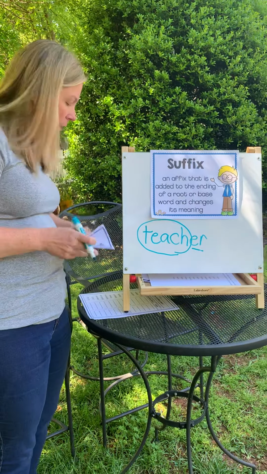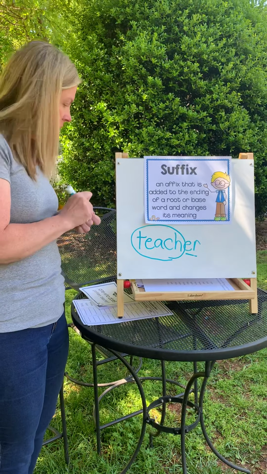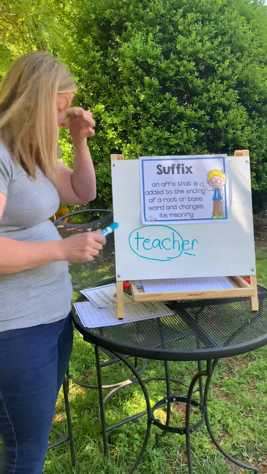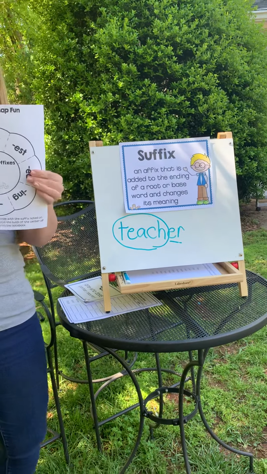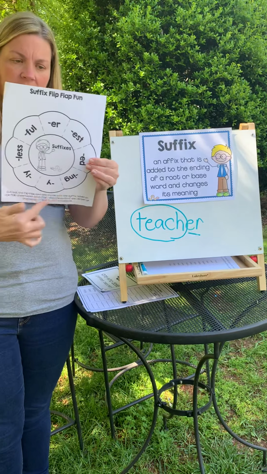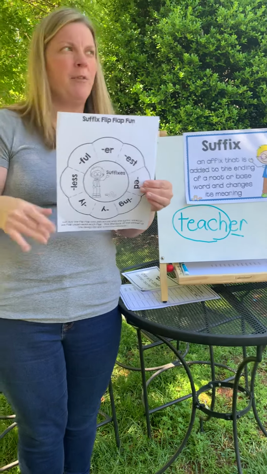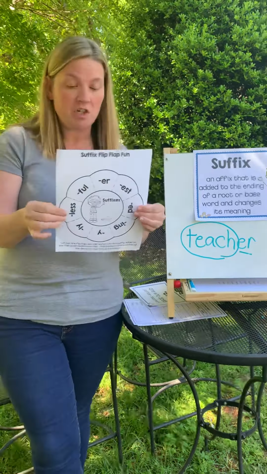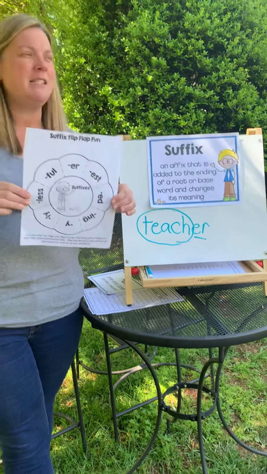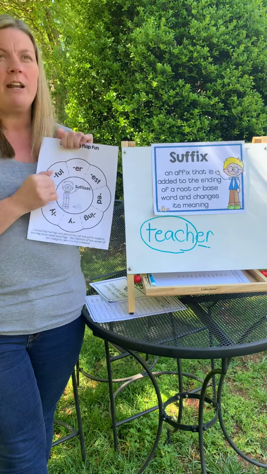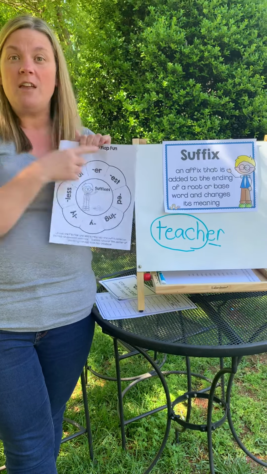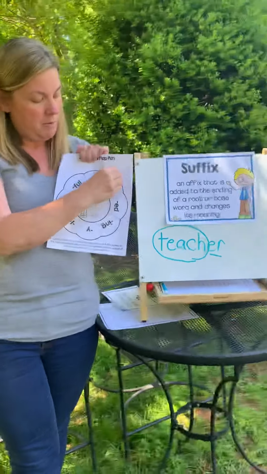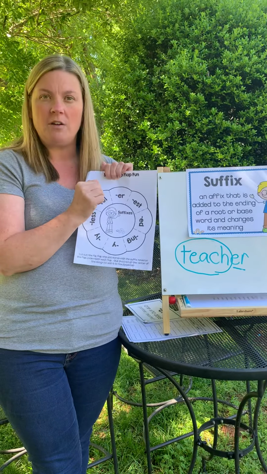All right, so I wanted to show you your activities. I think you probably can figure out what you're supposed to do, but I just wanted to make sure. You got one of these flip, flap, fun, kind of looks like a flower, but yours is on a blue piece of construction paper. You probably have already seen it inside your packet. And Miss Margaret already glued it on and cut the little flaps. And guys, you know we've done these flap things before, where you bend these up and there's space underneath.